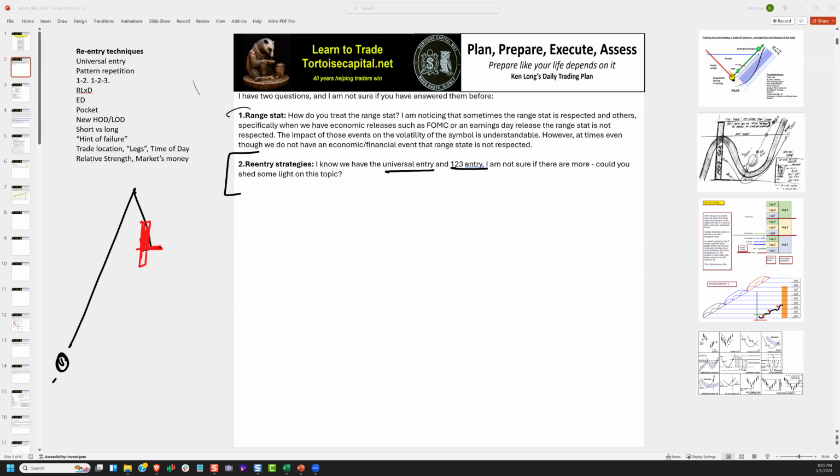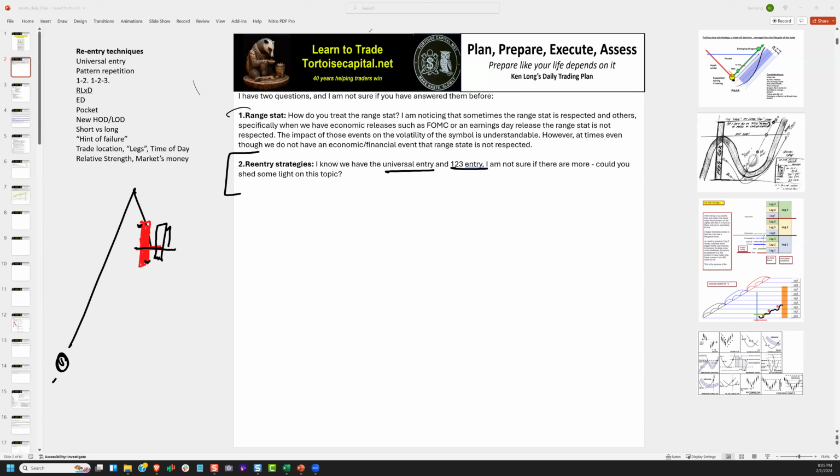Maybe the big red candle when it finally closed looked like this, and because of my rules, let's say that my exit was right here, and it opened here and then it closed here, and now the next candle maybe opens here and it starts moving up, and up it goes.